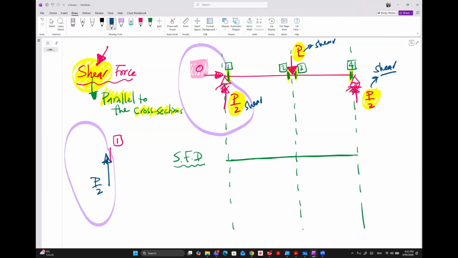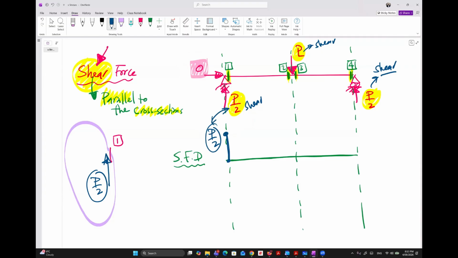This force here. Okay. So that's why I will go from the 0 here and go up B over 2. That is the shear here. So the shear at A, or at 1, is actually the reaction.